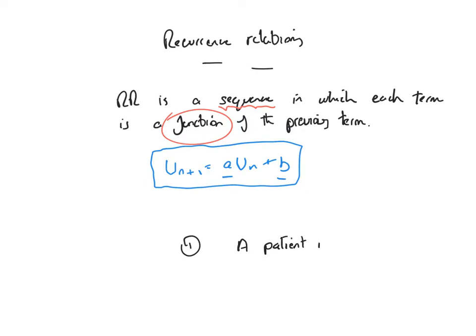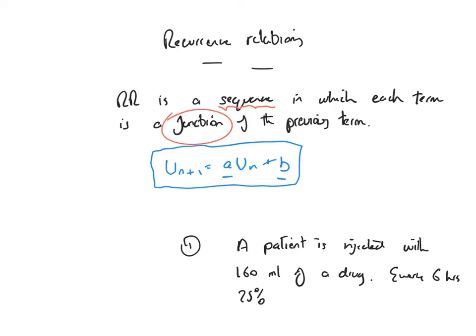A patient is injected with 160 millilitres of a drug every 6 hours. 25% of the drug passes out the bloodstream.